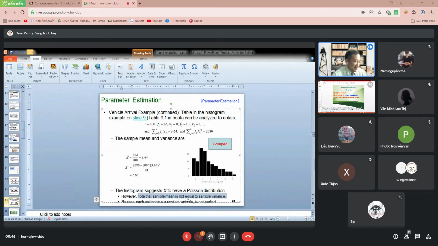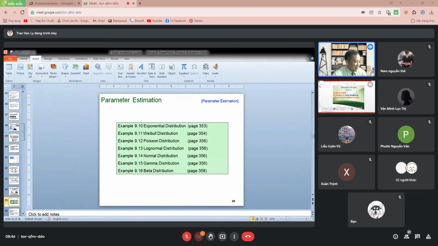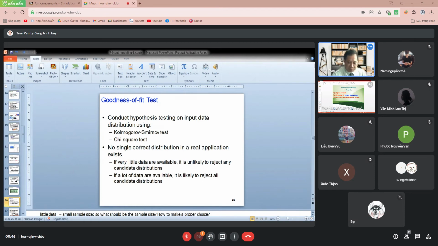The reason is the estimator is a random number. Next, there are many examples in the textbook for exponential, Weibull, Poisson, lognormal, gamma, and beta. We go through some examples.